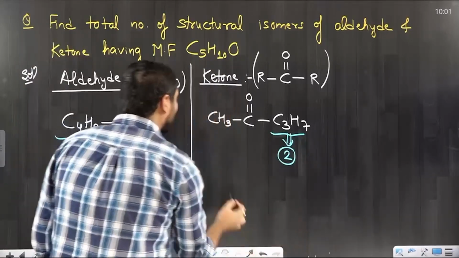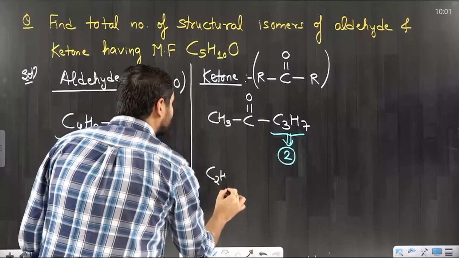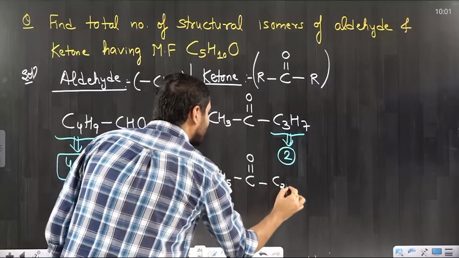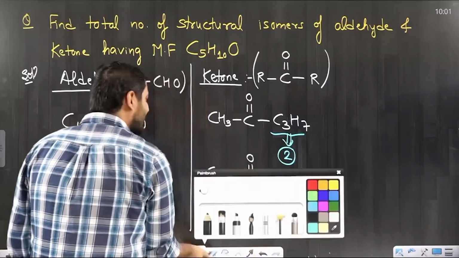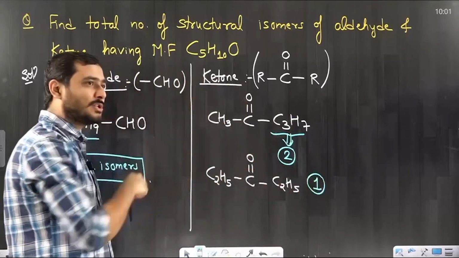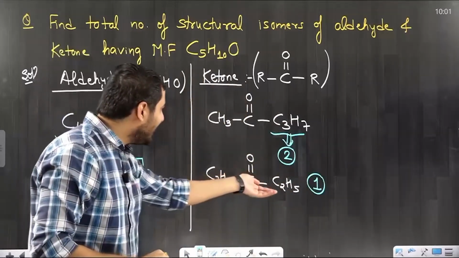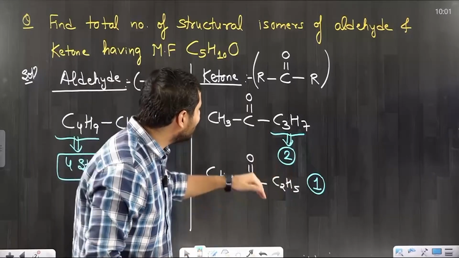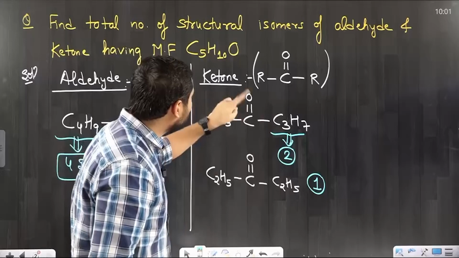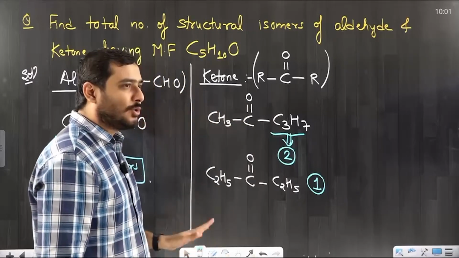And next, if we take on this side C2H5, C double bond O, then here also C2H5 is present. And in C2H5 only one structure is possible. There is no other isomer for C2H5. But again, if you write here C3H7, CH3, then this will be identical, because here both alkyl groups are bonded with C double bond O. So there is no different case.